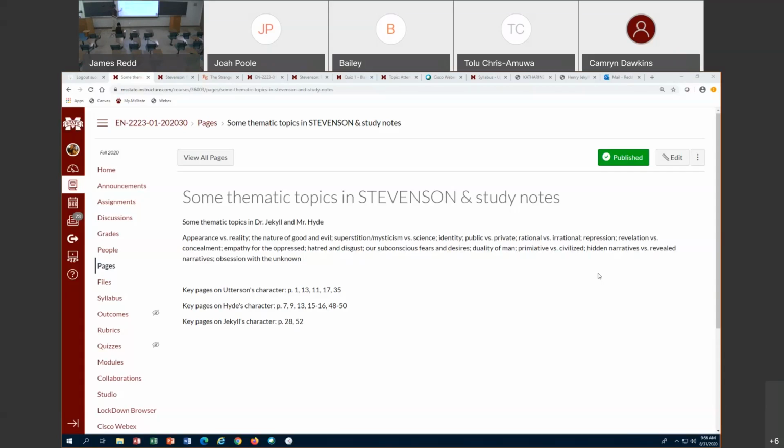The key chapter we're going to be reading is the final chapter of this work, which is going to be Jekyll's narrative. After all is said and done, Utterson discovers a letter from Jekyll that confesses all the things that he's been going through, and that's really the most important chapter of this book itself.